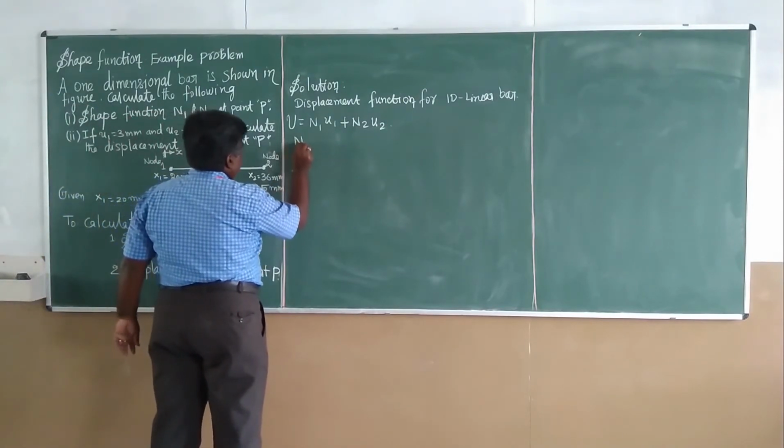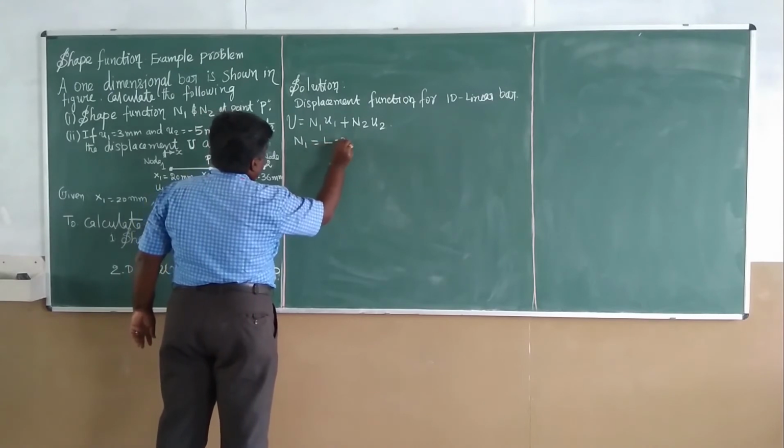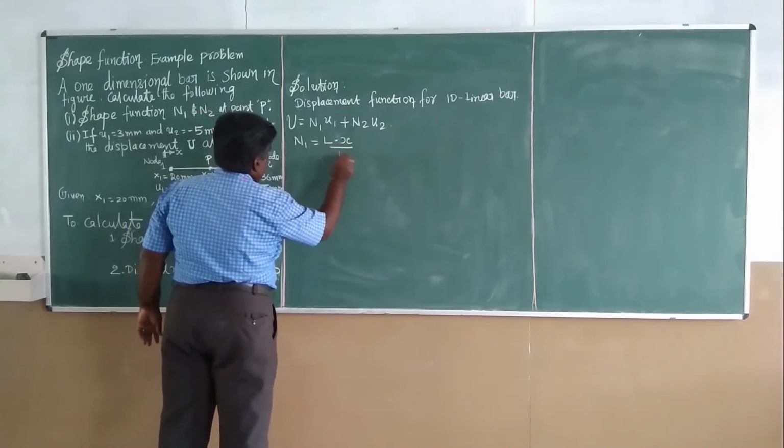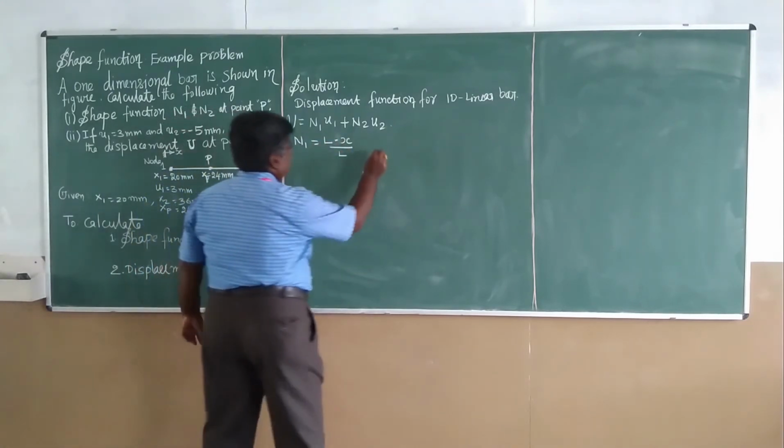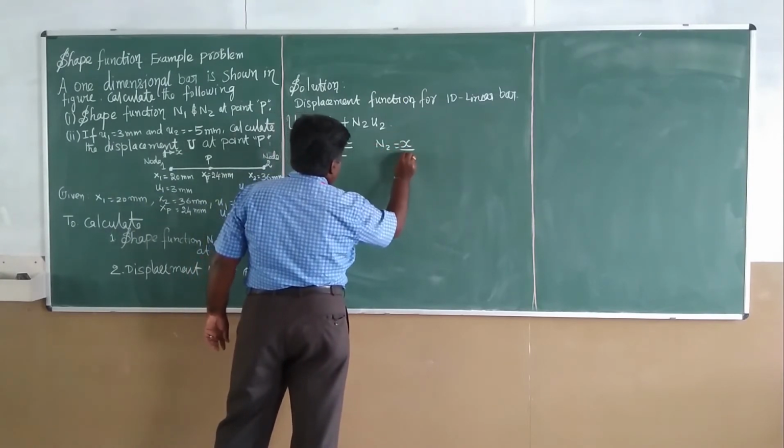N1 is (L minus x) divided by L, and N2 is x divided by L.